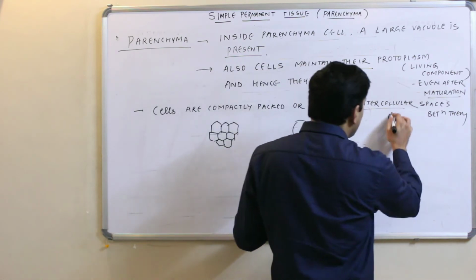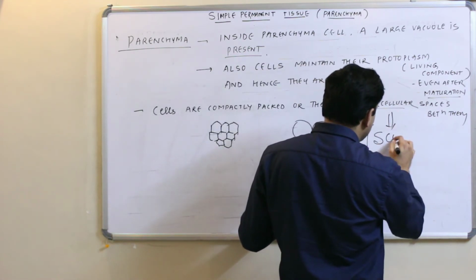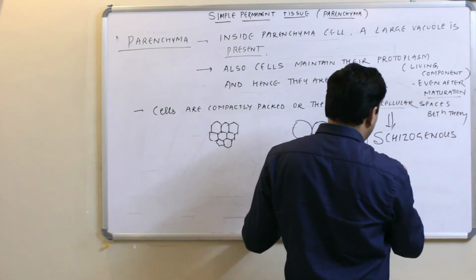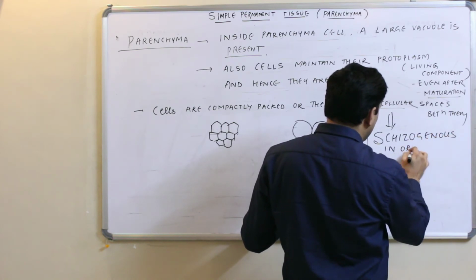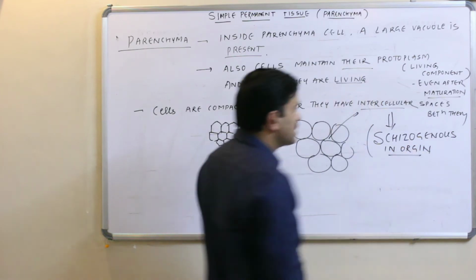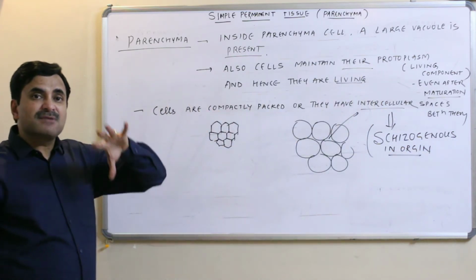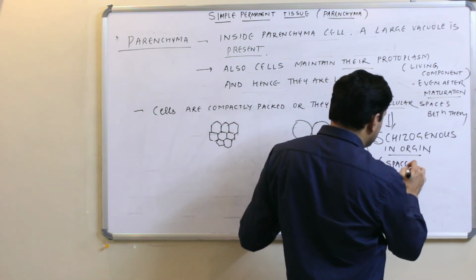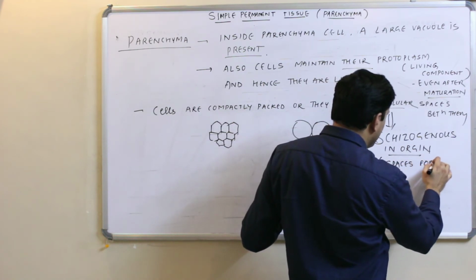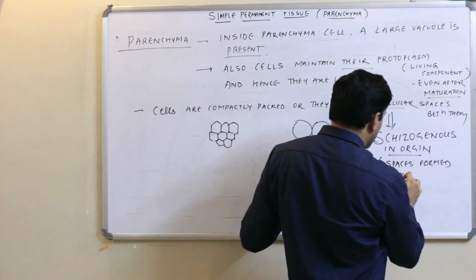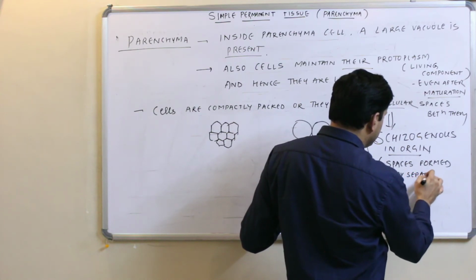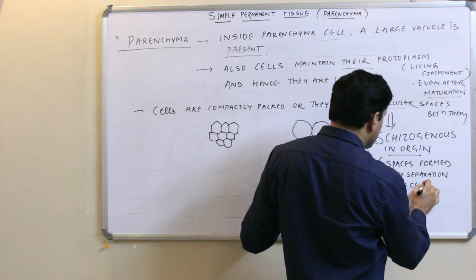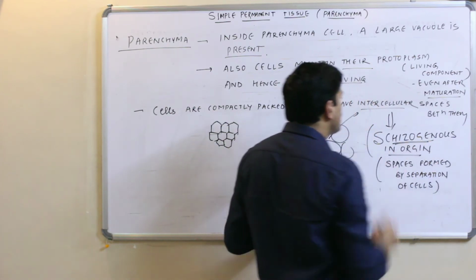Now, intercellular spaces are cytogenous in origin. This is a new term for you, what is cytogenous? The spaces formed by the separation of the cells are called cytogenous.